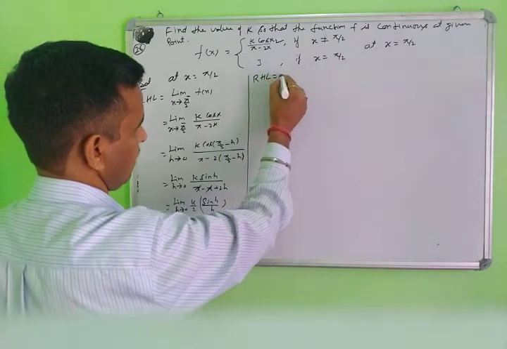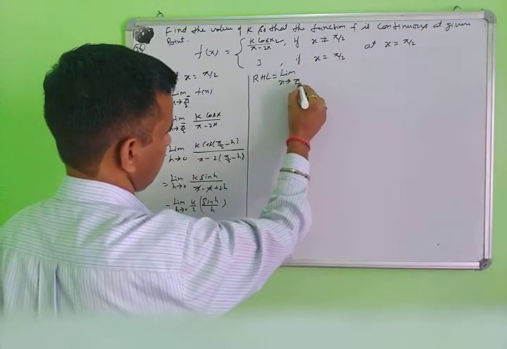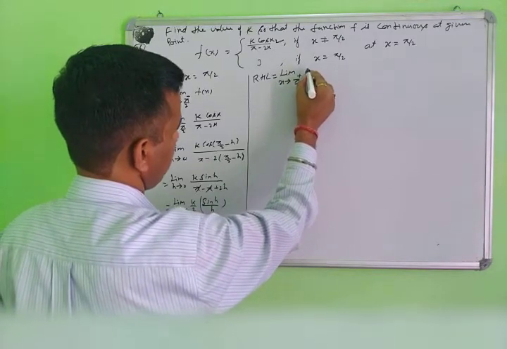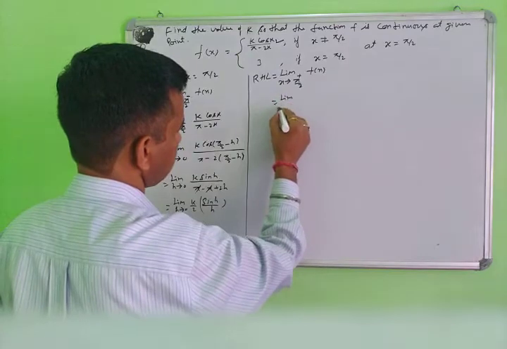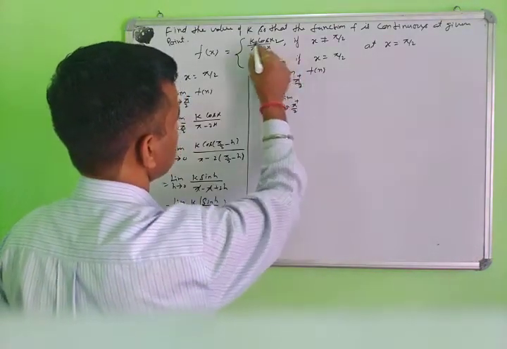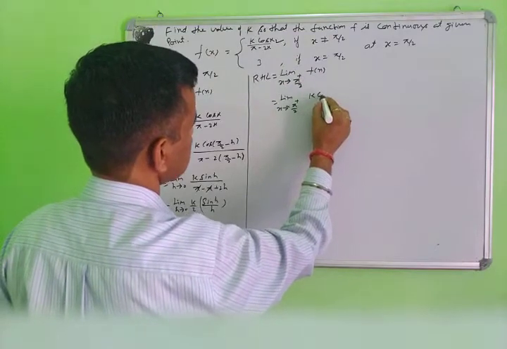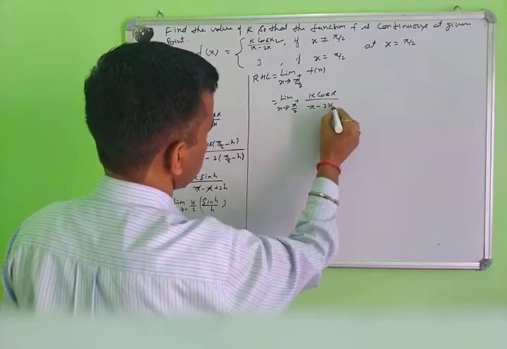RHL, limit x tends to pi by 2 from the right side f(x). The function will become the same here, cos x upon pi minus 2x.